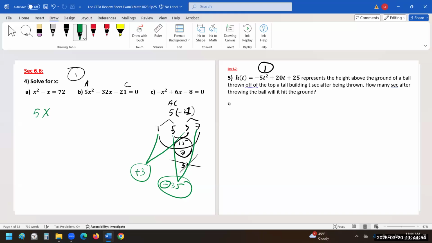So we have 5x squared minus 21, and instead of 32, you rewrite that using -35x and +3x. So -35x plus 3x gives you -32x. And then you have 4 terms, so you do grouping.